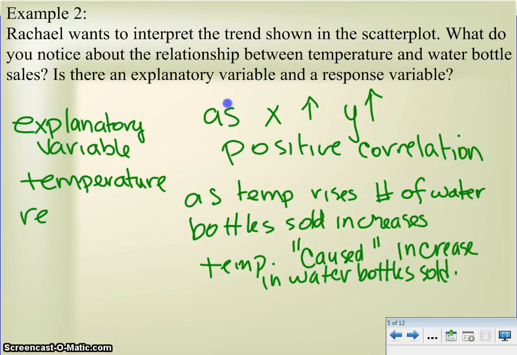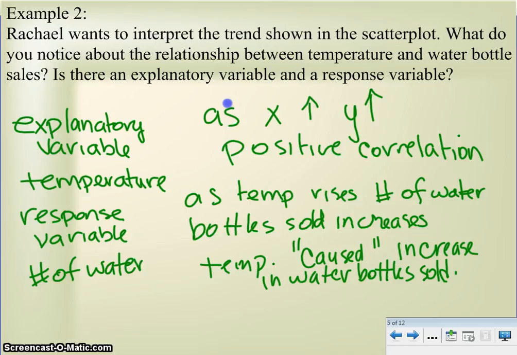So the response variable, when the temperature changes, the number of water bottles sold changes. So it's the response variable. So yes, there is a definite correlation. The explanatory variable is my temperature. My response variable is the number of bottles sold.